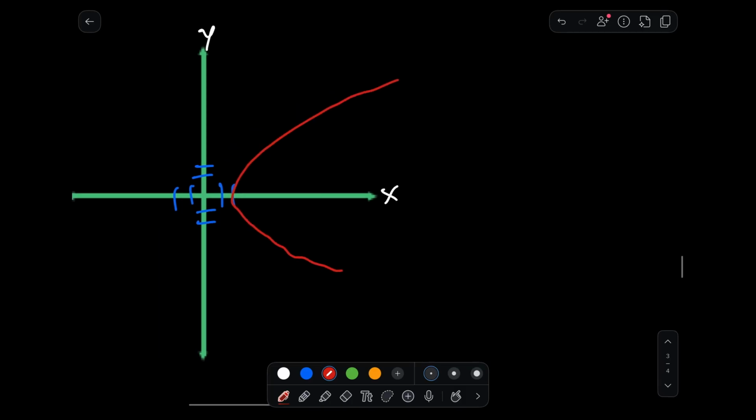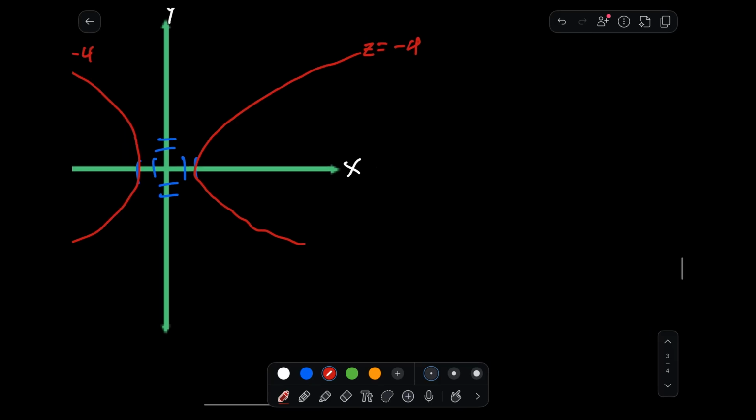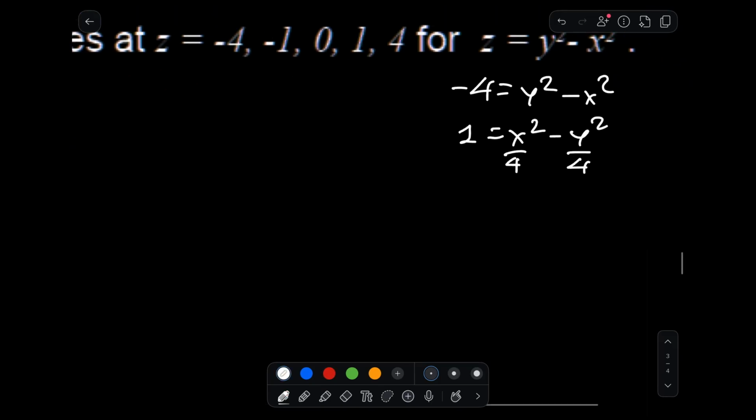Like that, and then you would get that, and this is just going to be z equals -4. Same thing for -1. It's just going to flip the order of this.